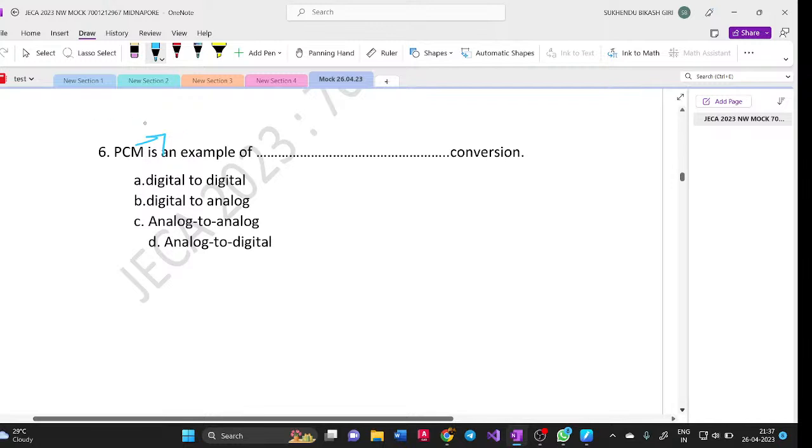Anyone answer it? PCM stands for pulse code modulation. What is the right answer?